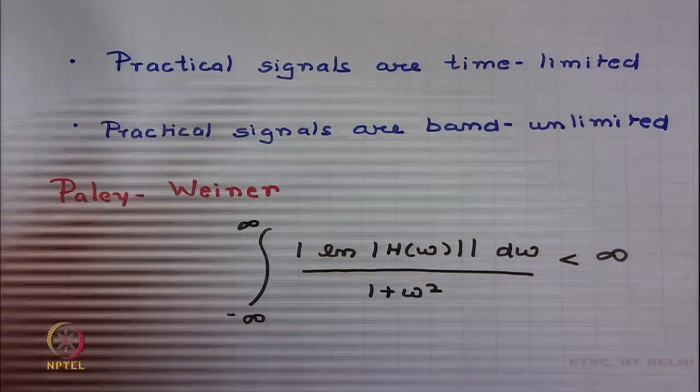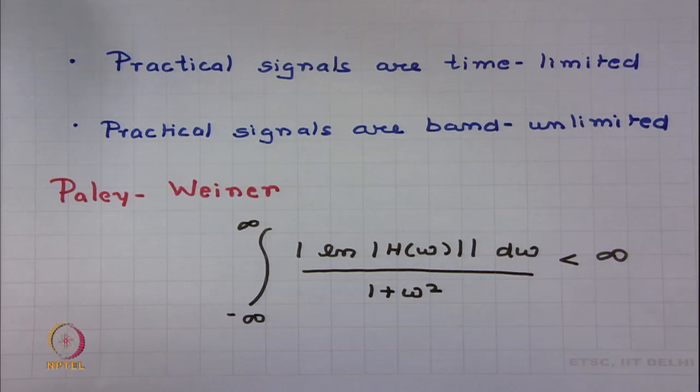Moreover, we can see that practical signals will always be time limited. That means, if you want to transmit a signal, the duration of the signal can be only finite.